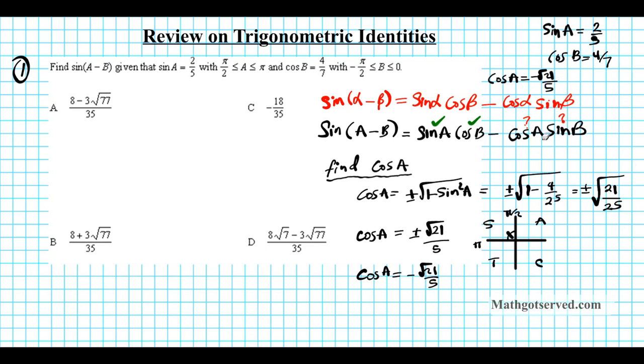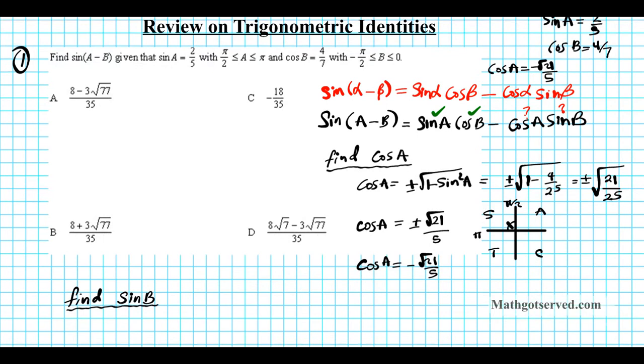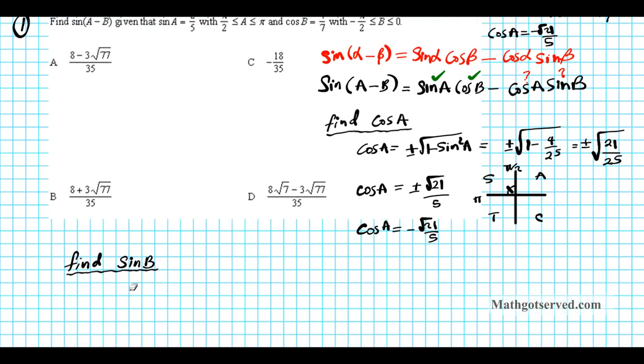Now the next thing we have to find is sine B. How do we find sine B? We find sine B by applying the same identity, the Pythagorean identity, but with cosine and sine interchanged. So sine B is plus or minus the square root of 1 minus cosine squared B. So that's another identity.